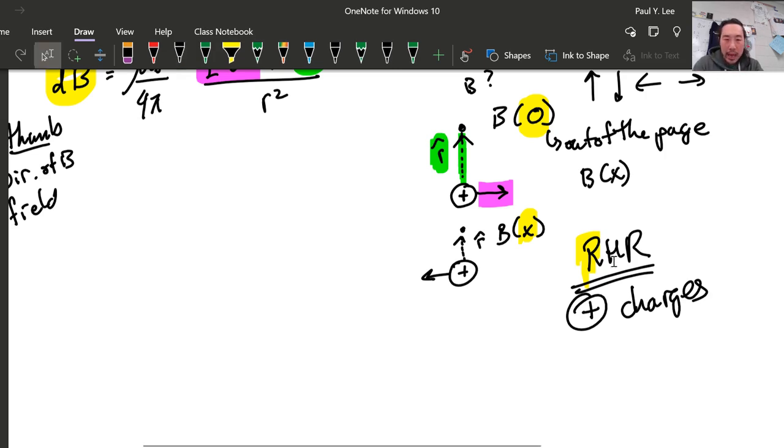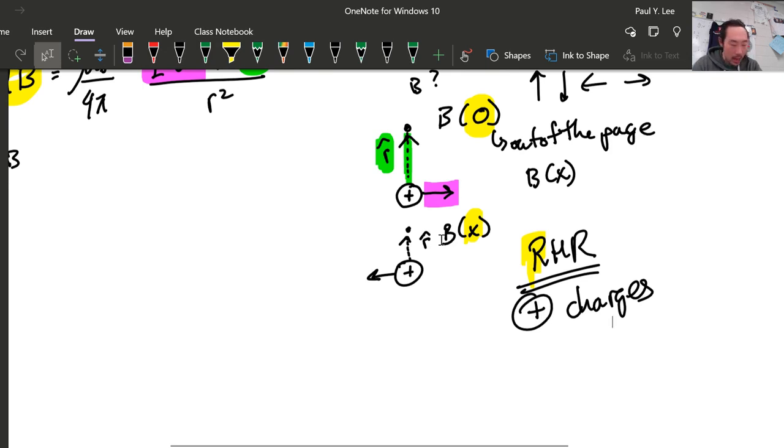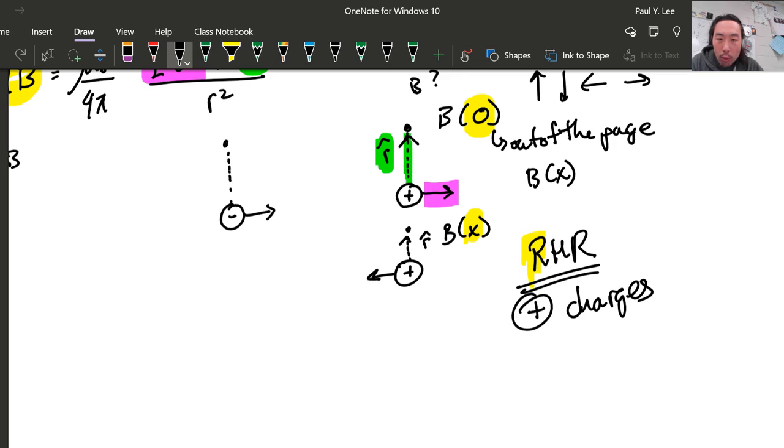So let's take these two same examples, but instead of a positive charge that is moving, we'll say it's a negative charge that's moving. So it's a negative charge moving to the right, and we're looking at this point right here. So that's my R hat. Because we know the answer should be O, you can still use the right-hand rule, and all you have to do is swap that sign.